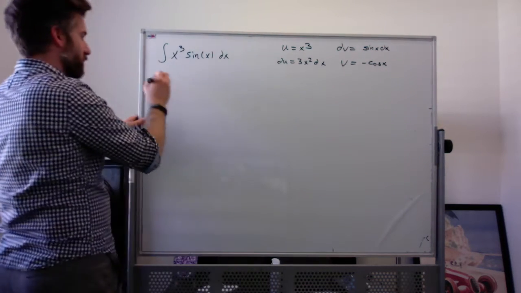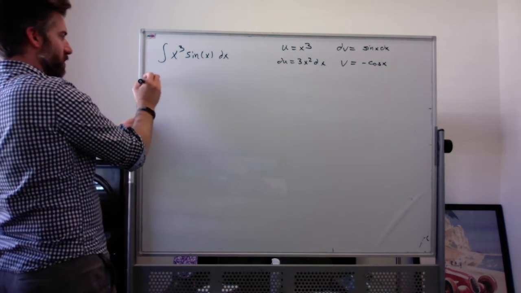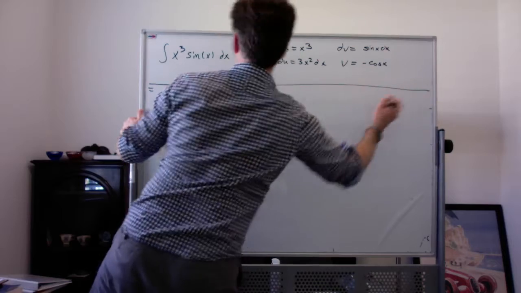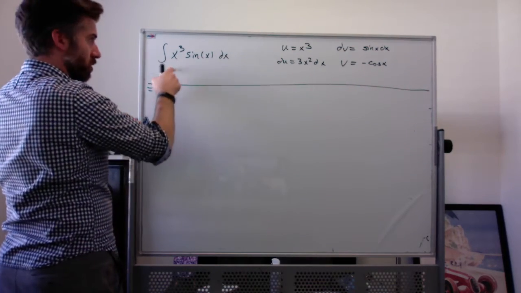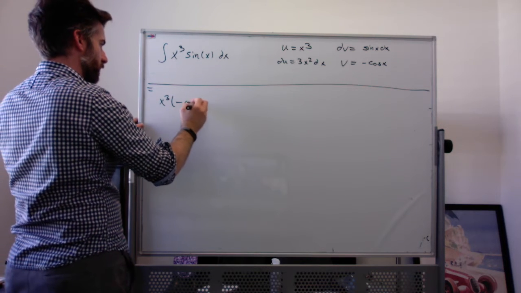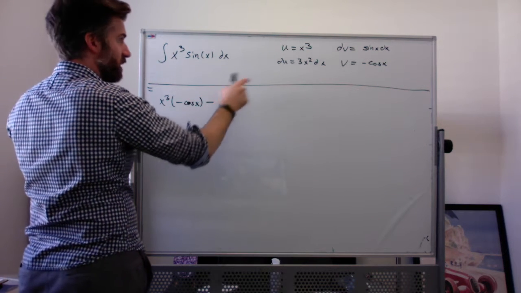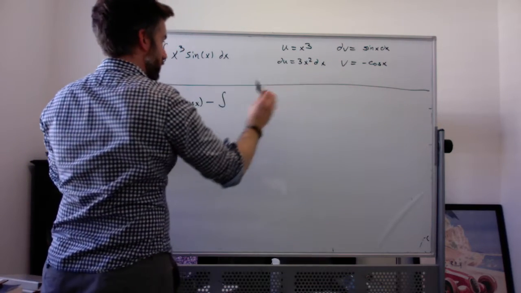Okay, so this ends up equaling, I'm gonna try and keep this relatively separate because I have to do this 2 more times. So I'm gonna get the uv, so x cubed times negative cosine x minus the integral of v du, which is negative cosine times 3x squared dx.